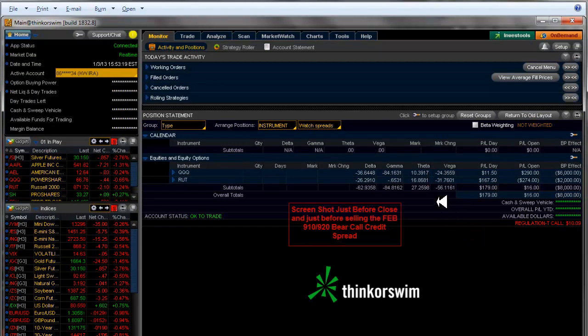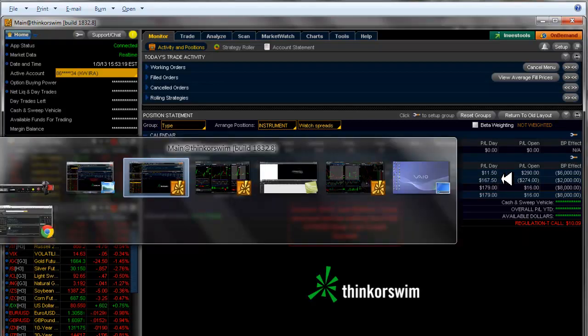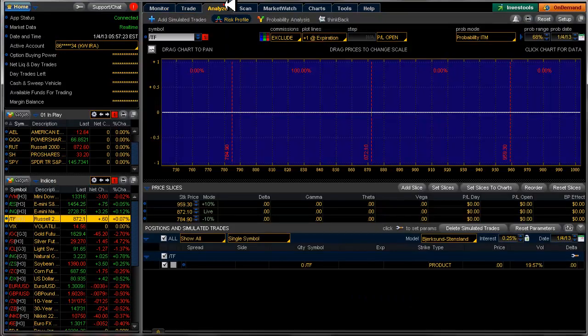Now you can see that theta, and we've talked about this before in the past too, doesn't mean a whole heck of a lot if price is moving. So as the delta changes and the gamma changes, your actual theta is going to change. But in reality, instead of making $16 yesterday, we made $167.50.